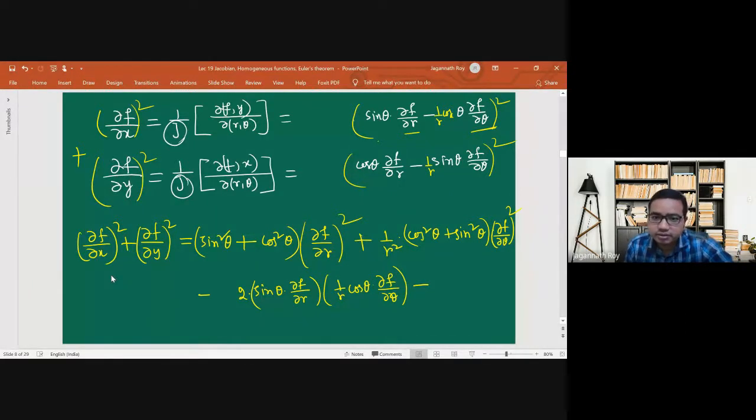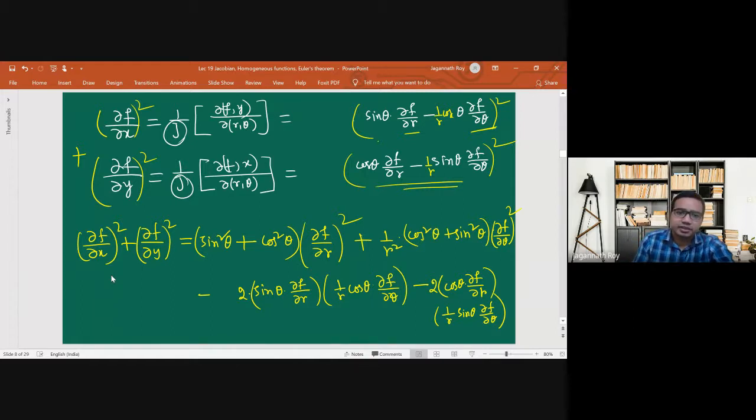Minus, for this one again we will have minus 2 into cos theta into del f del r into 1 by r sin theta into del f del theta.